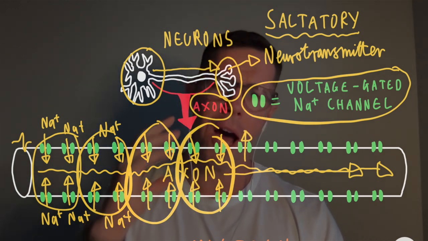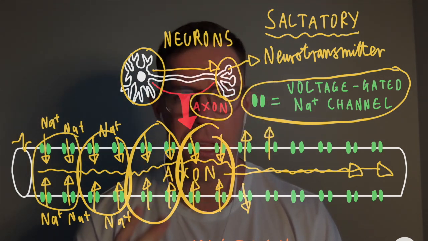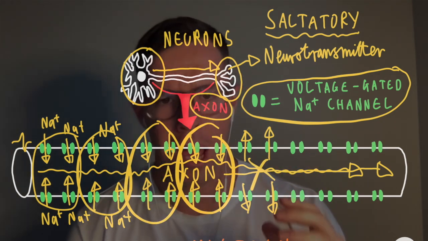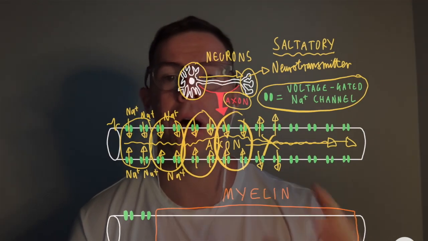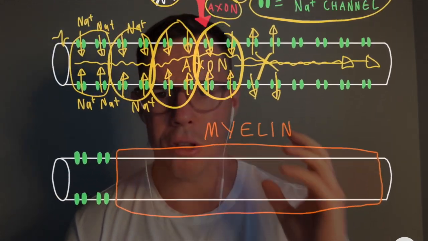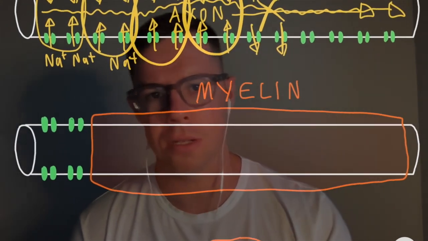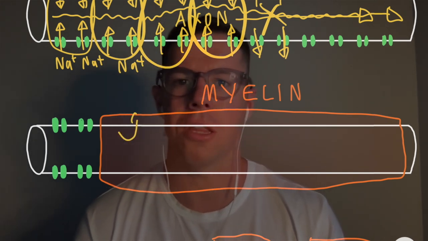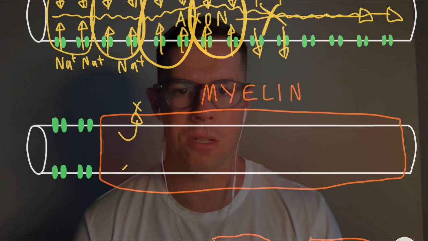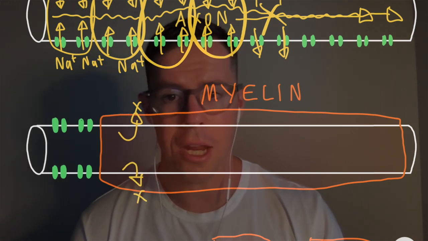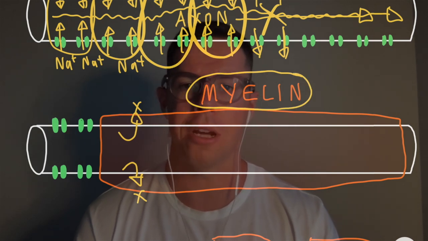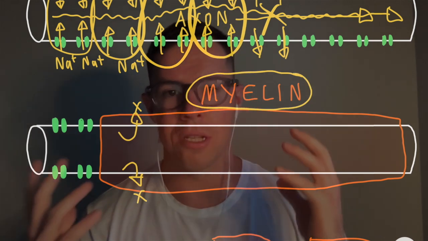Well, perhaps if we place an insulating cover around the entire length of an axon, aka a big long myelin sheath, this will stop some of the leakage of ions. I have another neuron here with a single myelin sheath that spans most of the axon. In electronics, insulators are materials or objects with a high resistance.